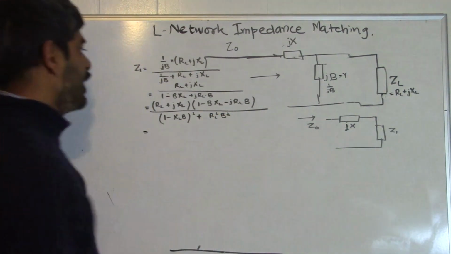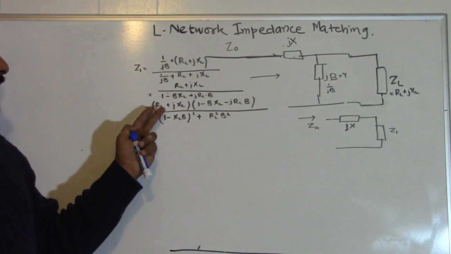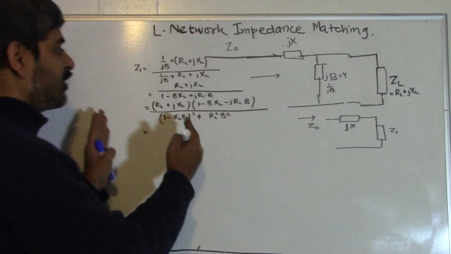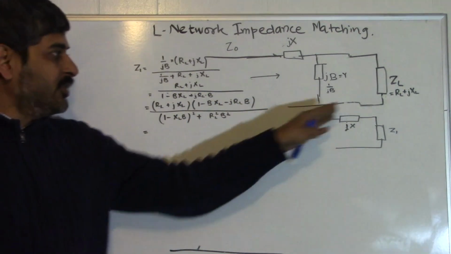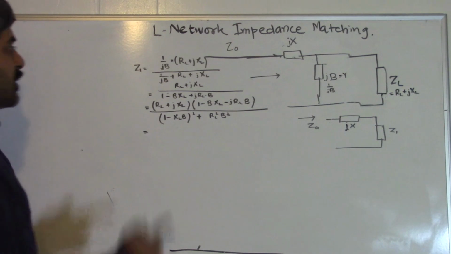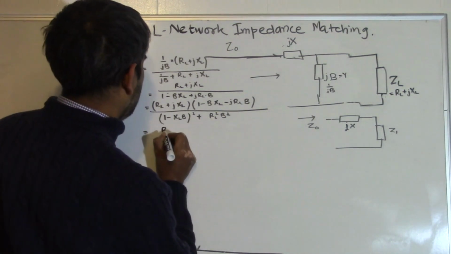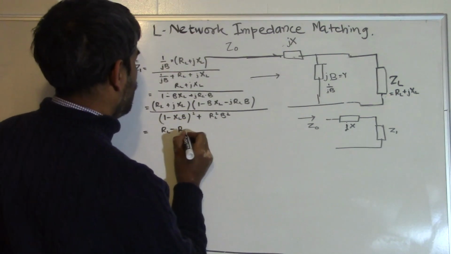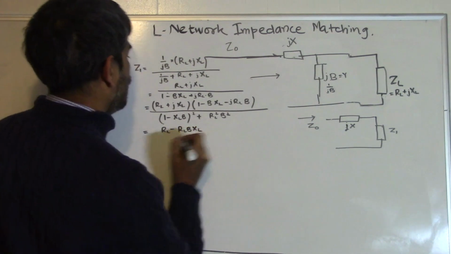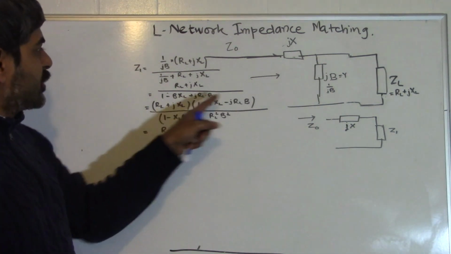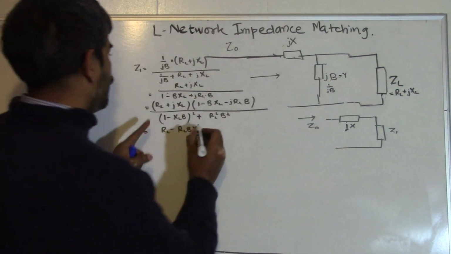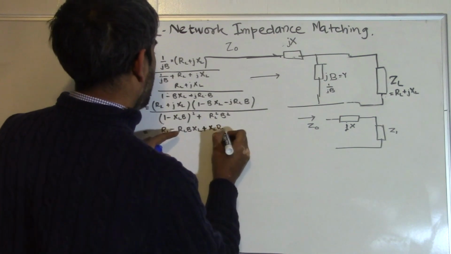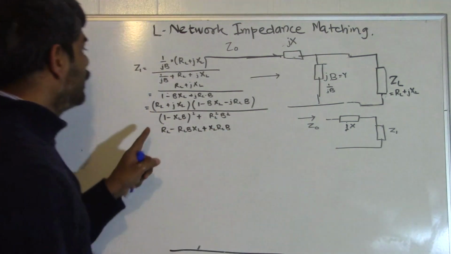And this I can simplify. In this numerator, I am going to separate the real and the imaginary part, so that I get a real term and an imaginary term, and then we can apply the condition that we just discussed. So I can write RL minus RL B XL, and then another real term comes from multiplying these terms, which will be plus XL RL B, and this is our real term.